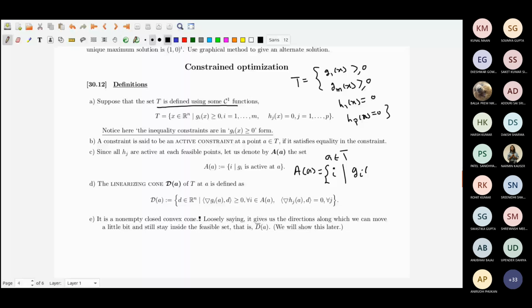So essentially the way earlier, when you had a vertex, you would remember the hyperplanes passing through A. Similarly, here you are thinking of these are the inequality constraints such that at A their value is 0 essentially.